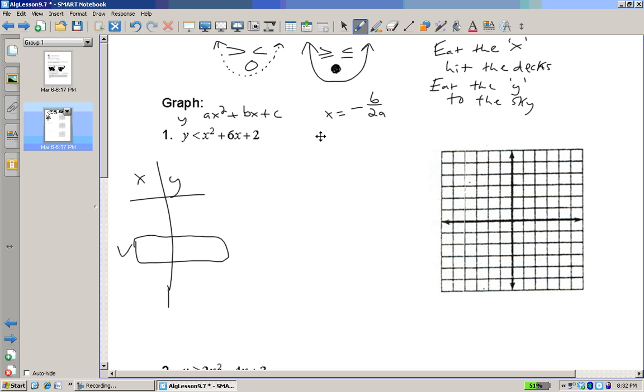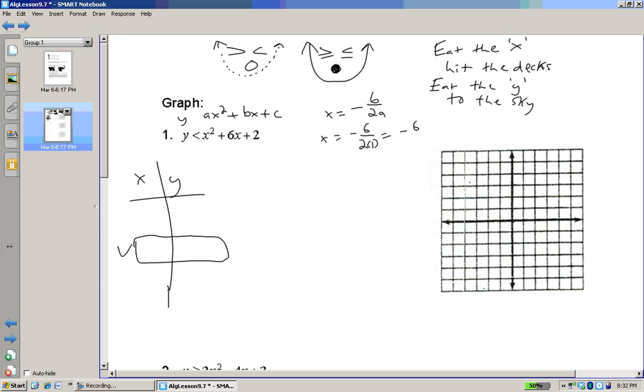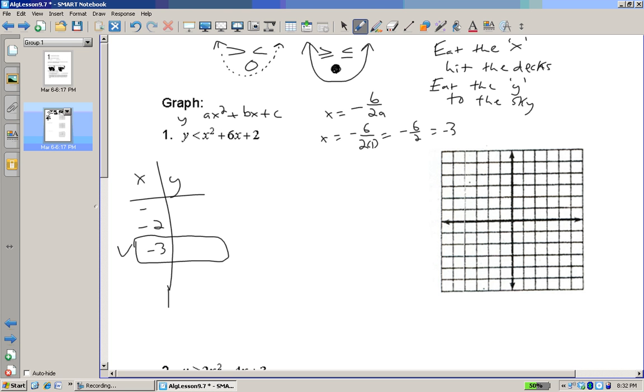Now, x equals opposite of b. B is 6, over 2 times a. That's 2 times 1. So the opposite of 6 divided by 2, or just simply -3. And from -3, going up is -2, going up again is -1, going down is -4, going down is -5.